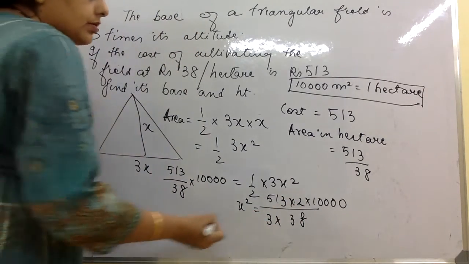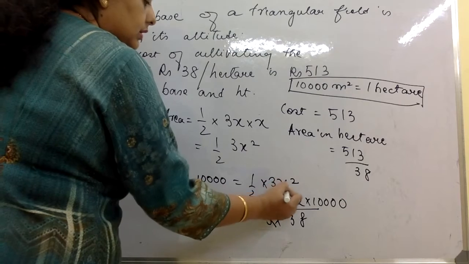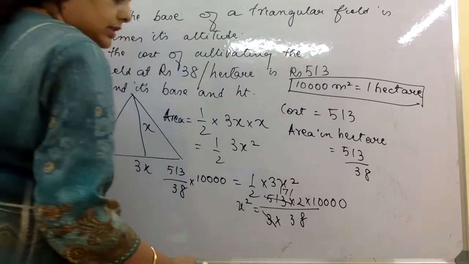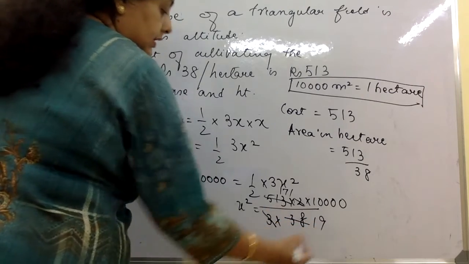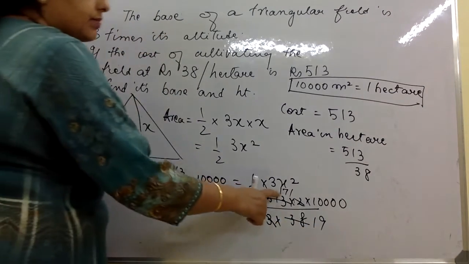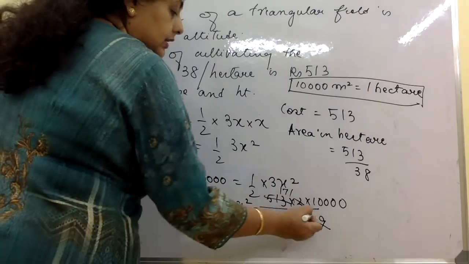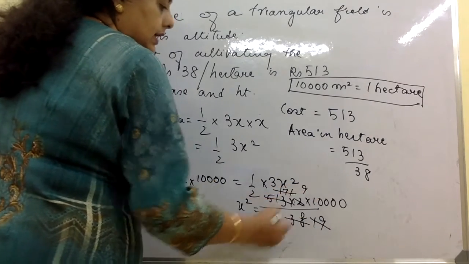Okay, so this is 171. Okay, here I can make it a 19. Okay, here this goes by 19. This is 19 and 9.